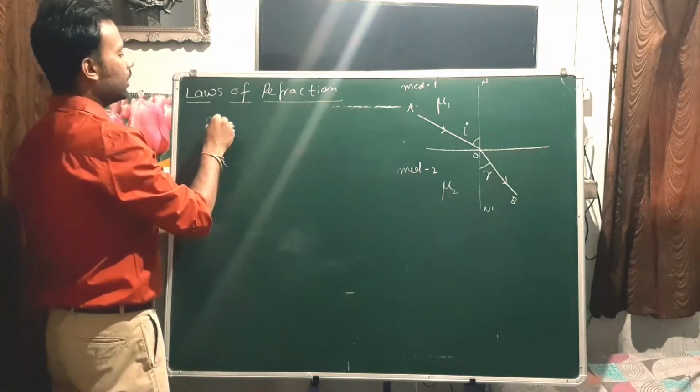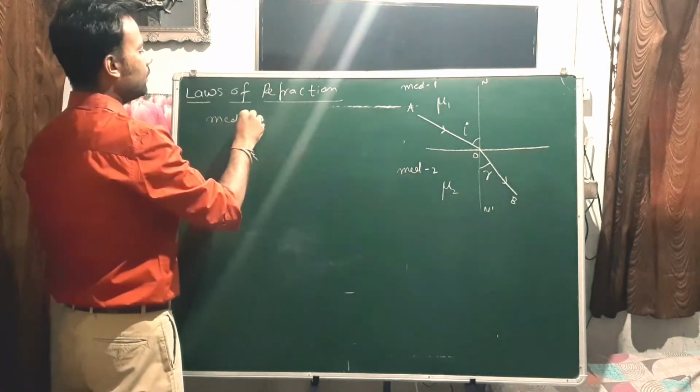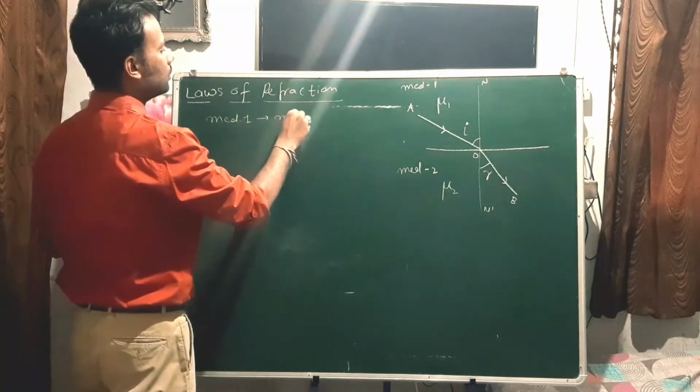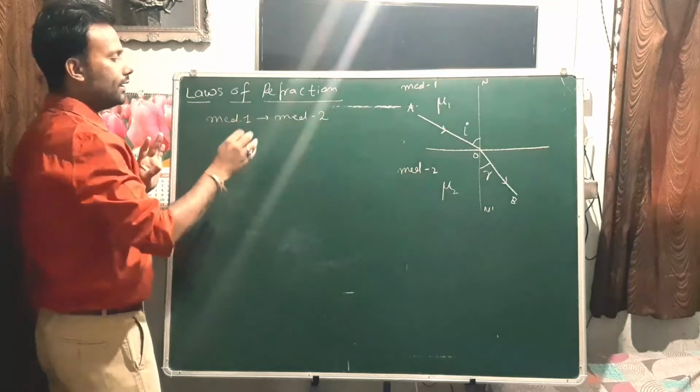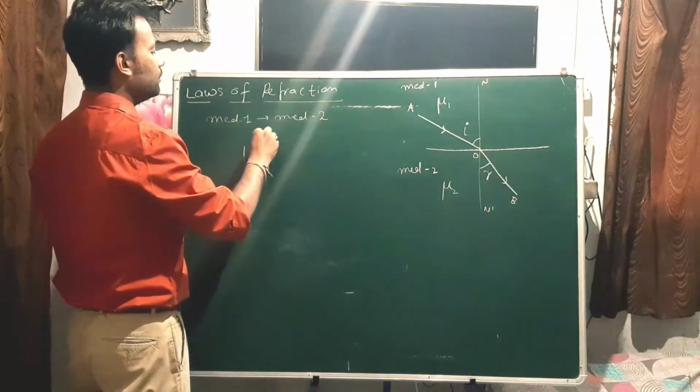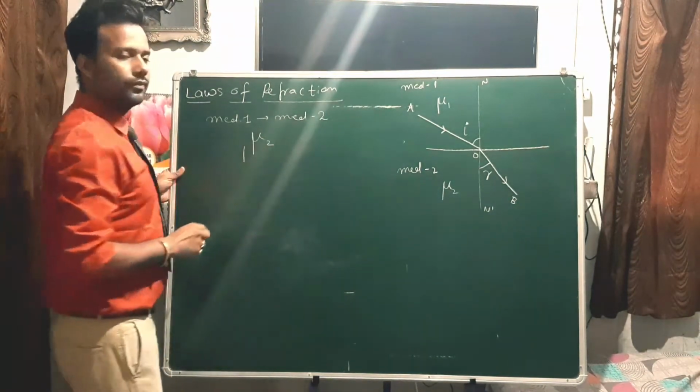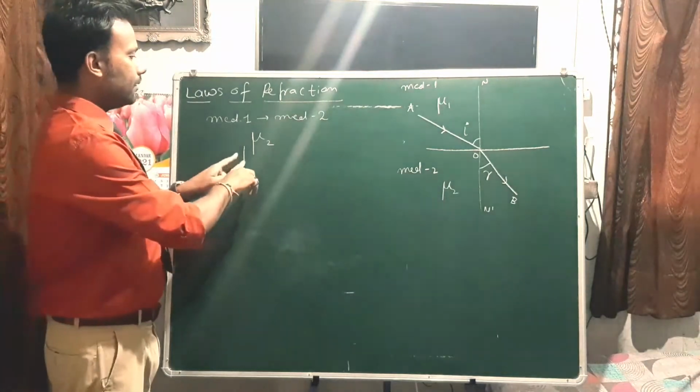Here light is going from medium 1 to medium 2. So we'll write this as 1 mu 2. Light is going from one medium to the second medium.